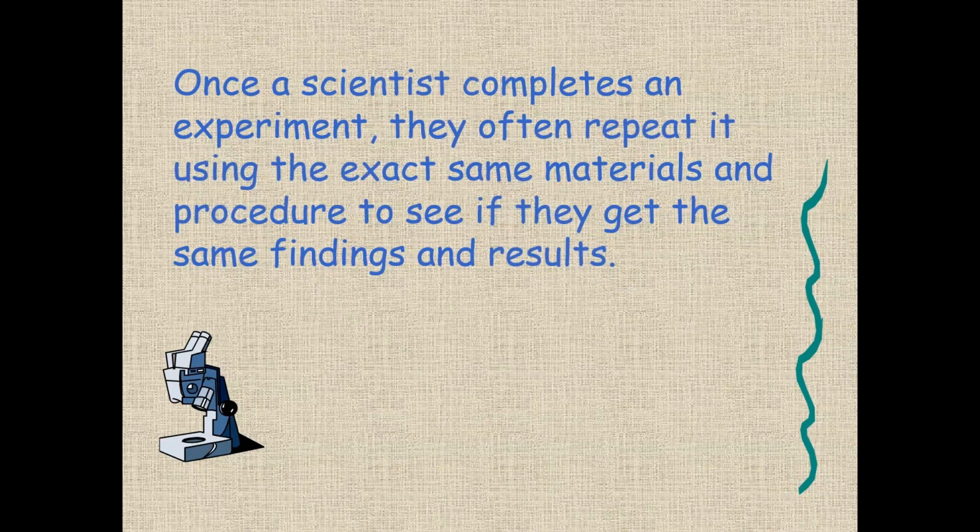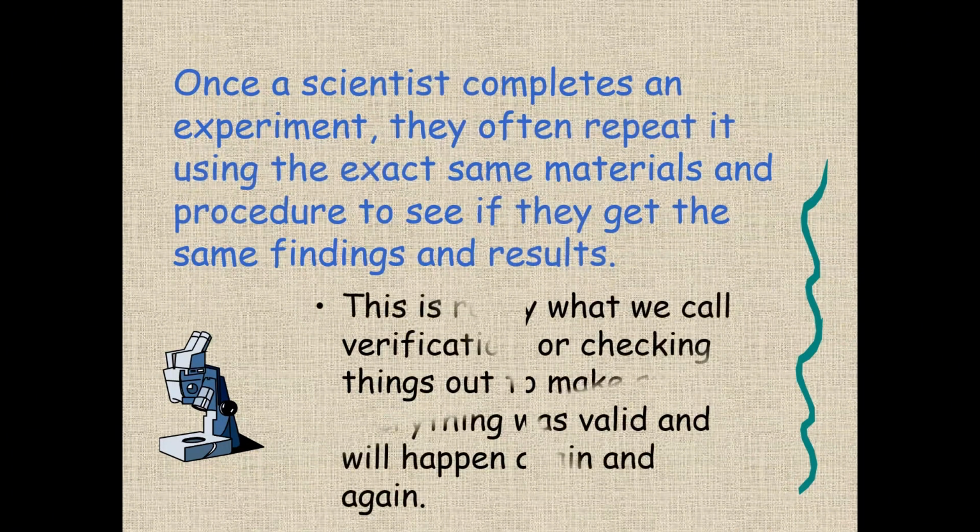Once a scientist completes an experiment, they often repeat it using the exact same materials and procedure to see if they get the same finding and result. This is what we call verification. Why do we need to do it two or three times? Normally in school and college labs, students are asked to verify their numbers three times so that you can get a precise result.